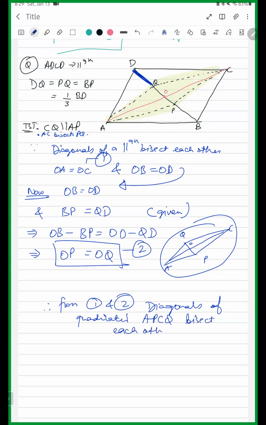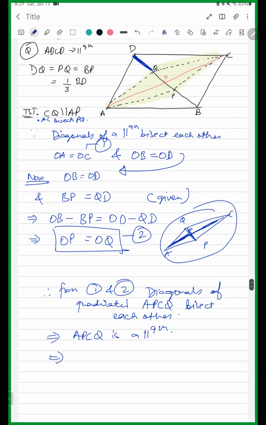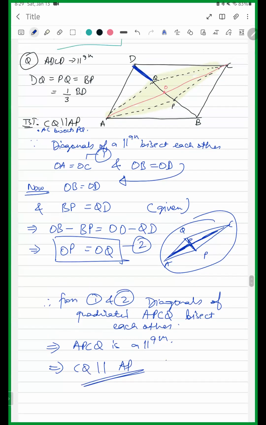When we are saying that AO is equal to OC and we are also saying that OP is equal to OQ, that means diagonals of this quadrilateral bisect each other. And if diagonals of a quadrilateral bisect each other, that means that quadrilateral is a parallelogram. That means APCQ is a parallelogram. And since it is a parallelogram, that means CQ is parallel to AP, which we needed to prove. Okay. So that's it for today's class.